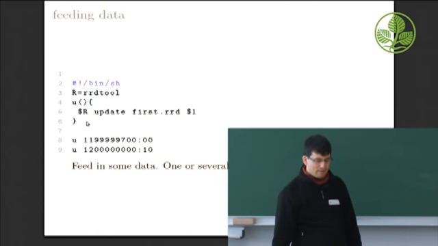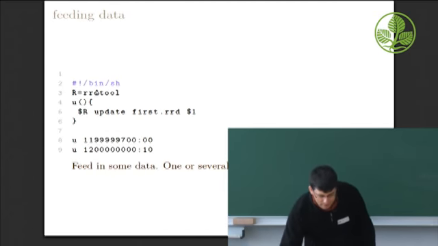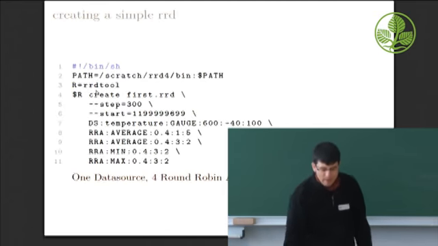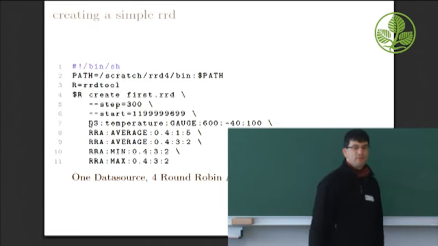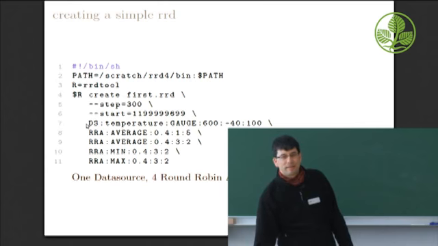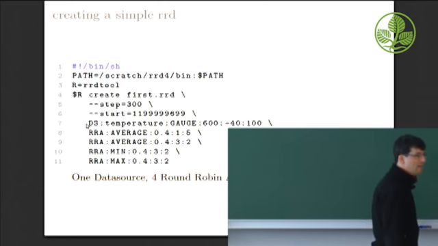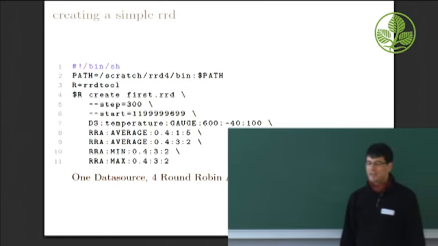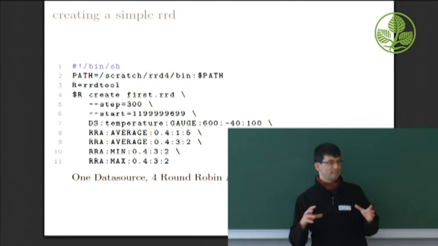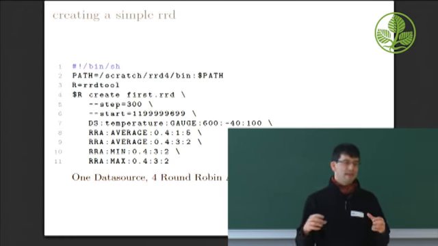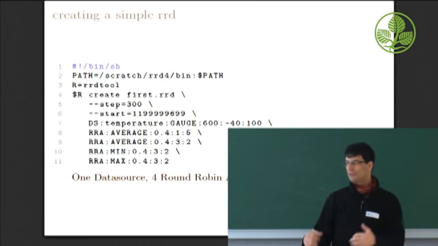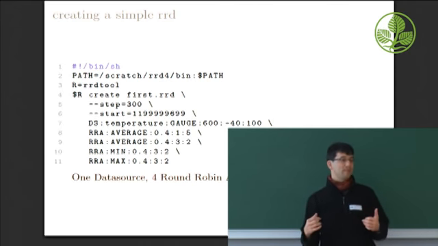Now, the next element, sorry, fighting with the browser here. The next element on the command line is the data source. That is equivalent to a column in a SQL database. The data source represents where I'm getting my data from. And I'm telling RRDtool something about the nature of the data I'm going to store. Now, it's always time series data, and it's always floating point data.